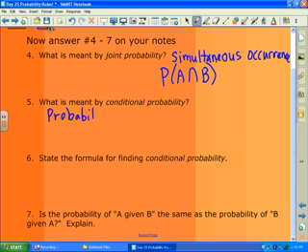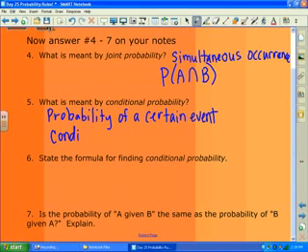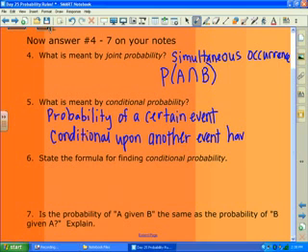It would be the probability of a certain event conditional upon, I hate to use the same word in the definition as conditional upon, another event having occurred, or whatever.